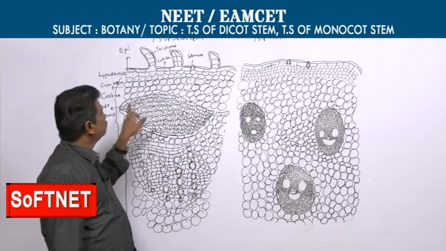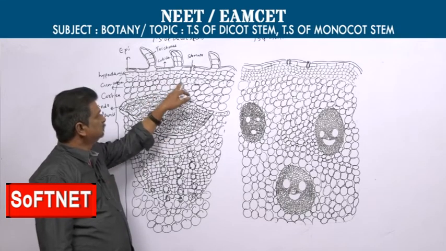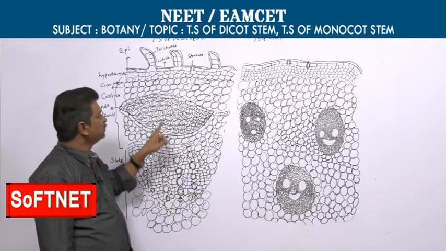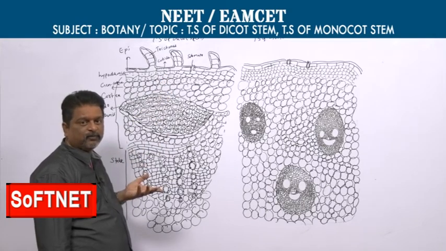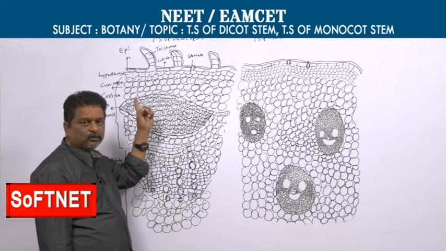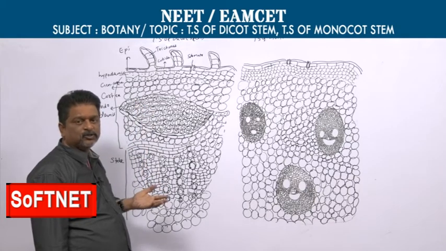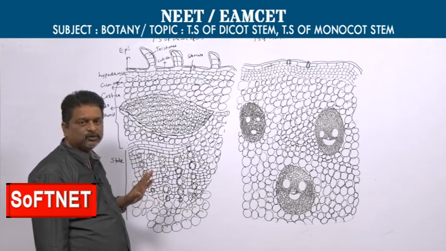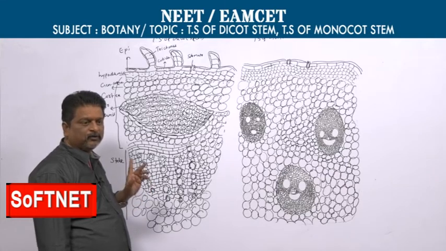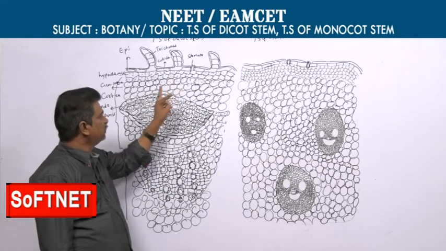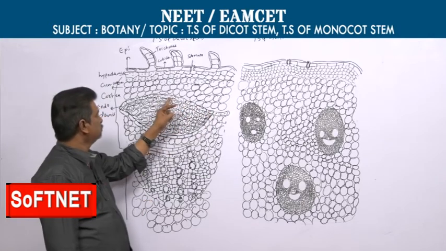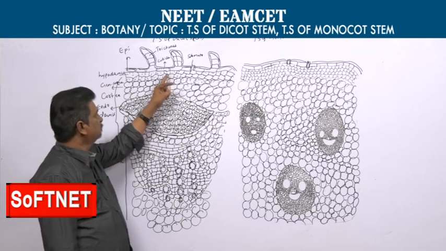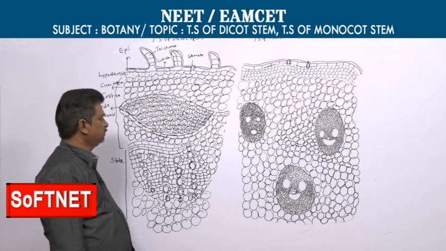Here one question: photosynthetic parts in dicot stem are hypodermis and outer cortical cells. They perform photosynthesis, not endodermis. Endodermis simply stores starch, but it does not produce starch. So point is photosynthetic parts means hypodermis and outer cortical cells, and which one stores starch means endodermis. This is about epidermis and cortex.